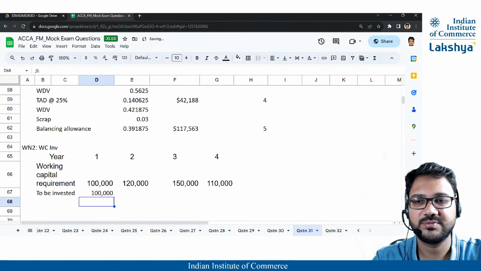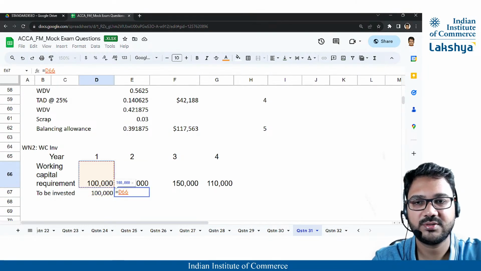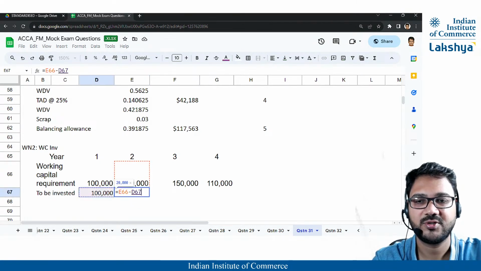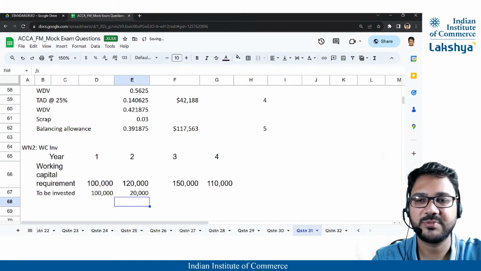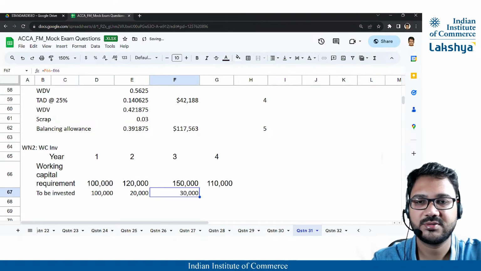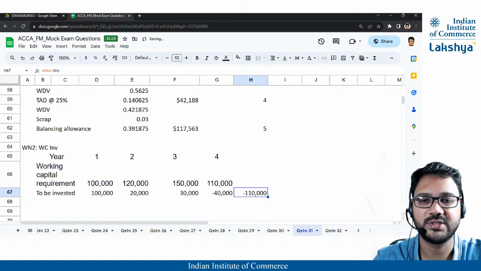So we'll invest this much. Now it will be whatever your requirement, or rather requirement minus whatever was invested previously, or rather how much ever was pumped in previously. So 20, 30, 40, and then 110 full release.